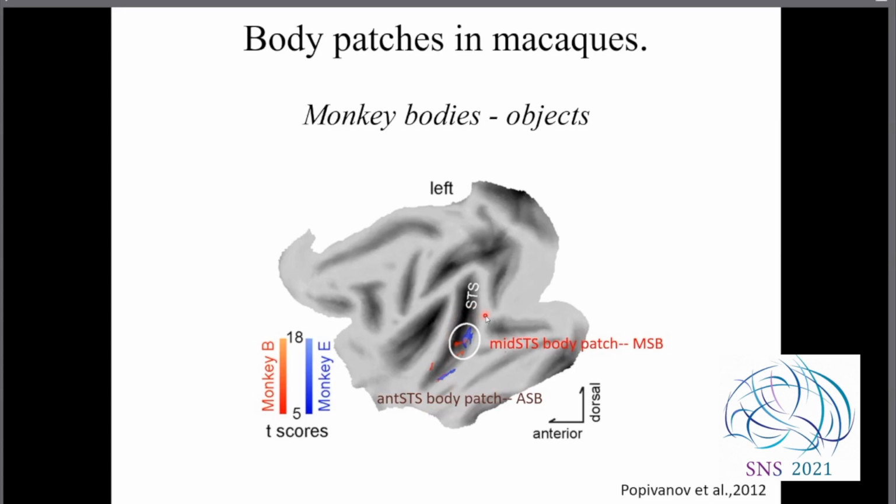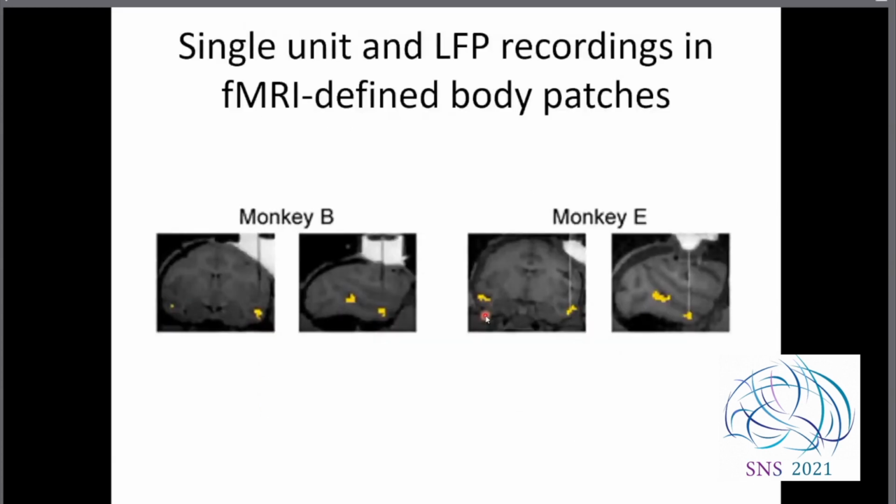Okay, now here in monkey, we have these body patches, and so the nice thing about the monkey is that you can do single unit recordings to find out what these neurons are doing in these body patches, what kind of features they respond to. So we recorded single unit activity and also local field potentials using the same electrode, basically.